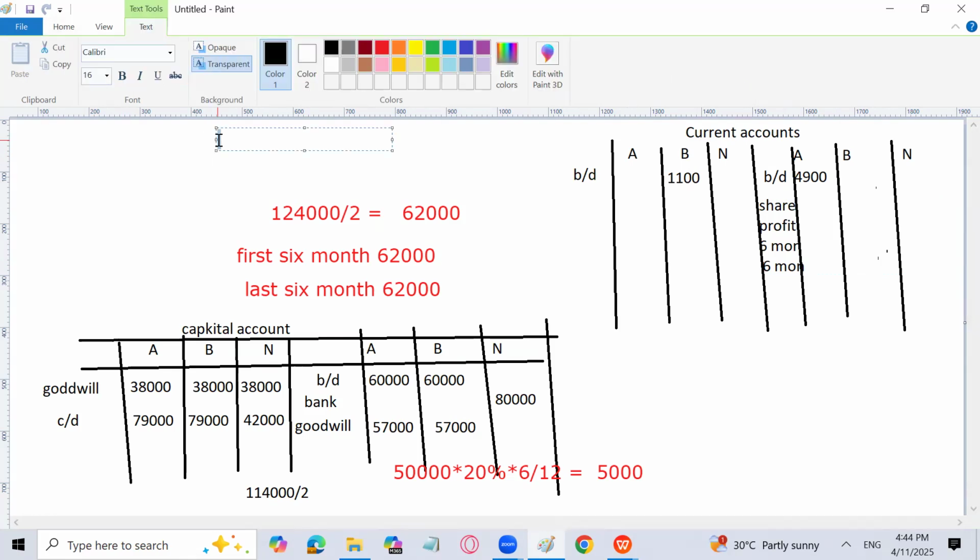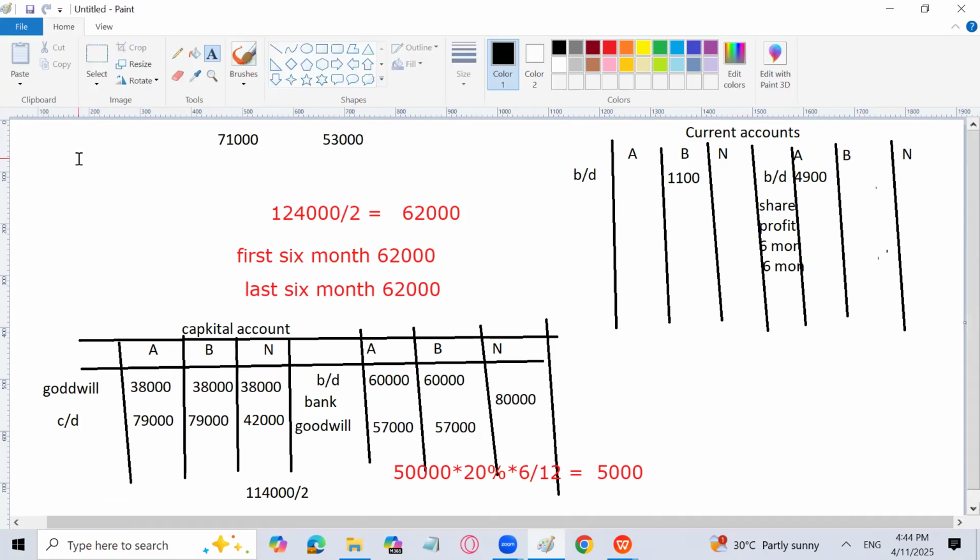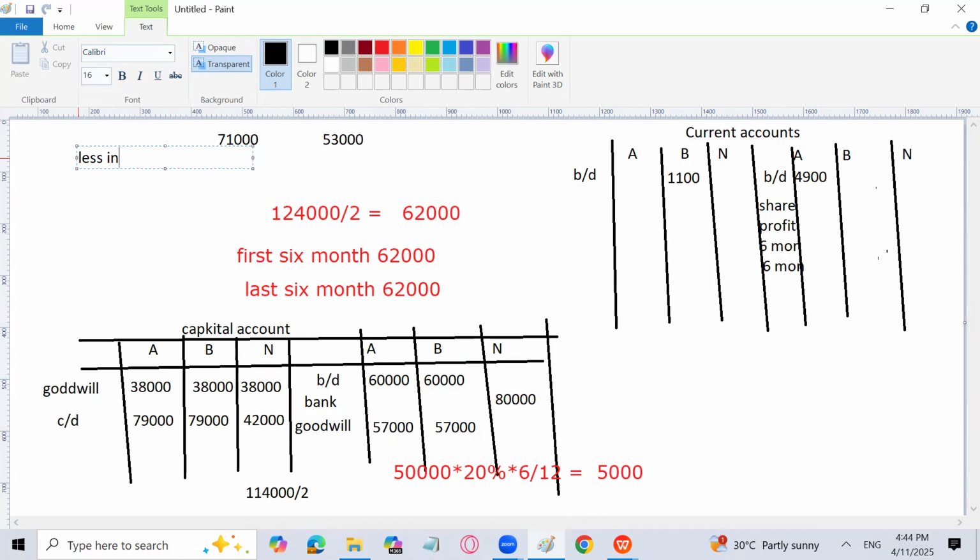The first 6 months, the profit is going to be how much? It was 73,000. And for the last 6 months, the profit will be, I think, 71,000. It was 71,000. And for the last 6 months, it is 53,000. Now we will subtract less interest on capital.